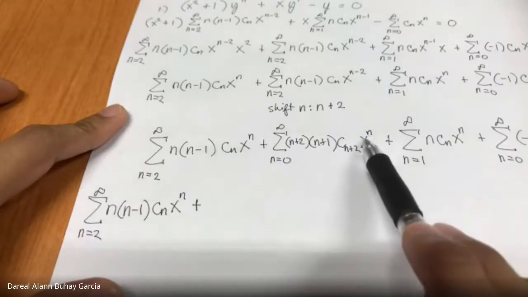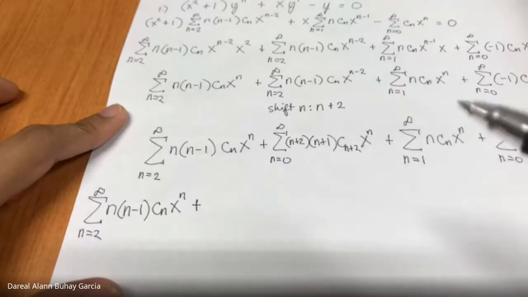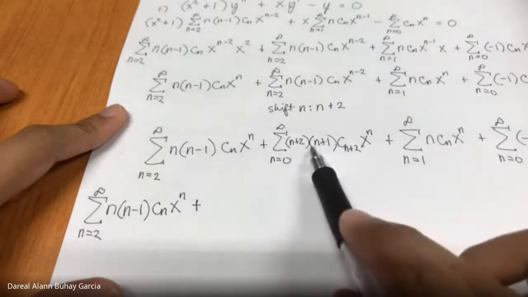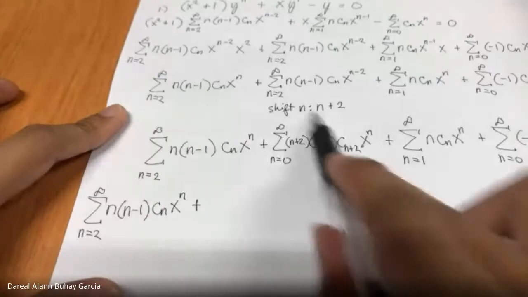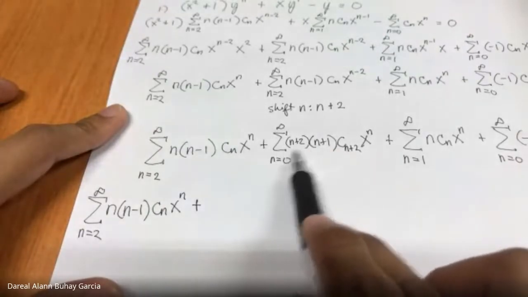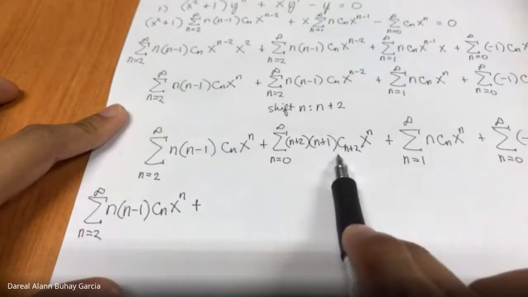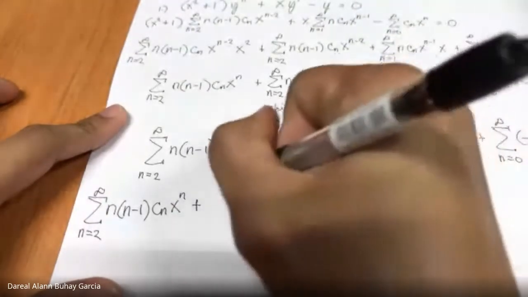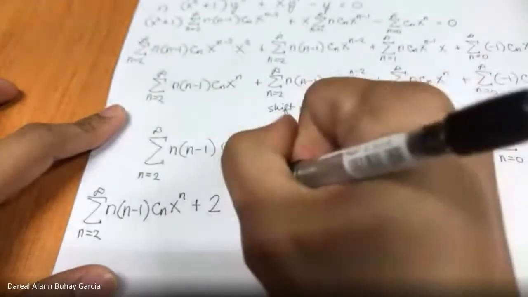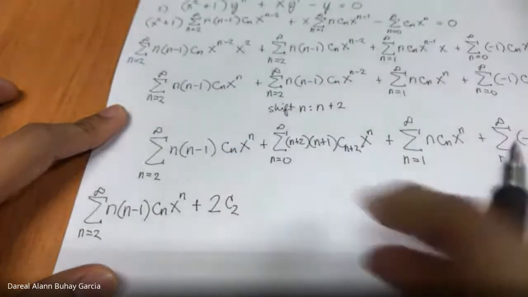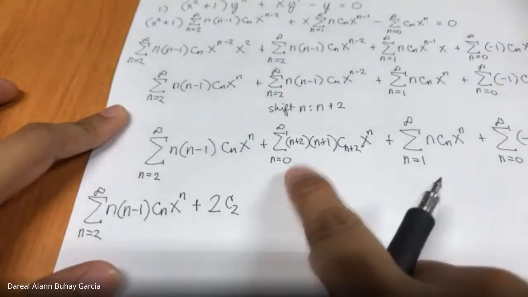Ano, x0. X0 is 1. So, the first term na atong mapagawas is 2C2. Very good. 2C2. Okay? So, na n equal to 1 na. Pagawas na po na to.